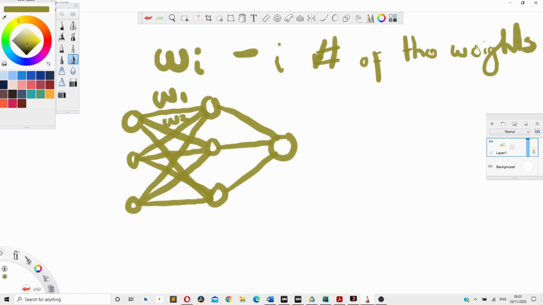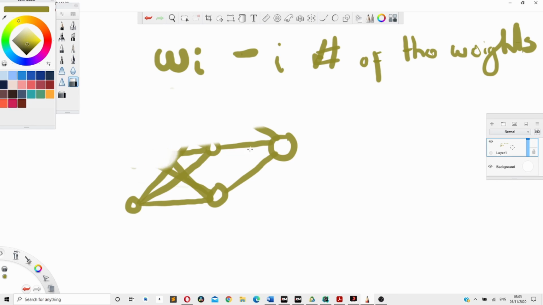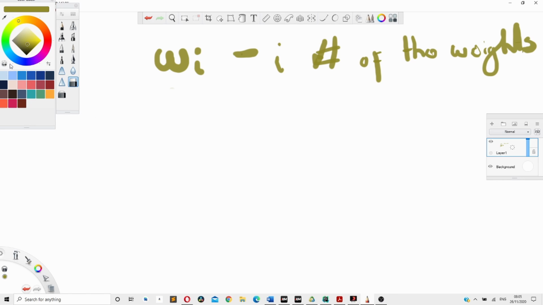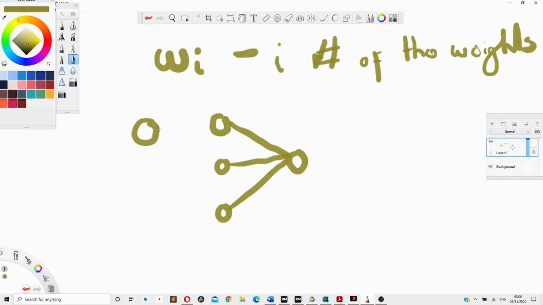So I've drawn this general architecture, but I'm going to focus on only one neuron in the input layer. So let's say I'm just focusing on one neuron in the input layer, something like this.